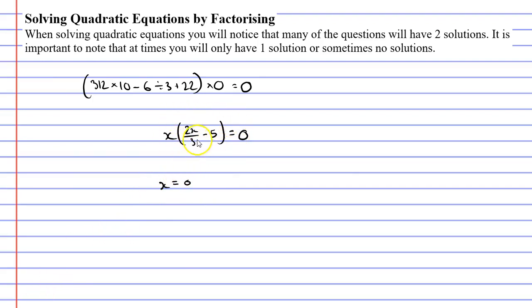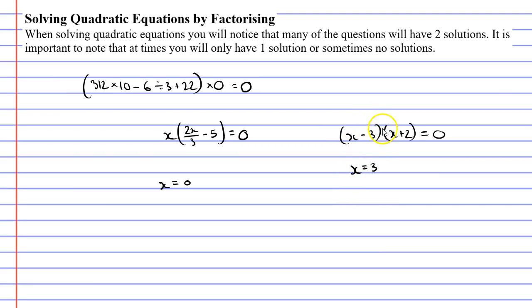Now rather than finding the second solution, I'm just going to show you another example. Let's say we have something with 2 sets of brackets. Let's say we've got x minus 3 and x plus 2, and that's going to equal 0. Now remembering the activity that I used to do with my dad, let's focus on each set of brackets separately. Let's focus on the first set of brackets. How can I make this equal 0? Well, it's not too difficult. If x was to equal 3, then 3 minus 3 would be 0, right?